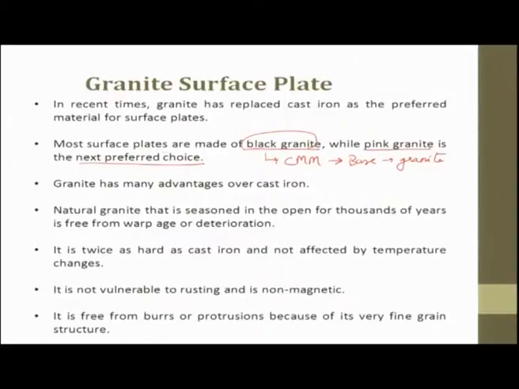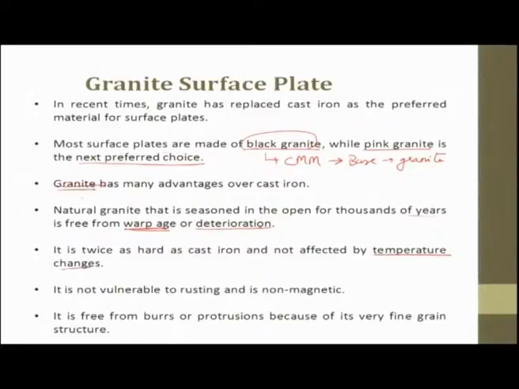Okay. Granite has many advantages over cast iron. Natural granite that is seasoned in the open for thousands of years is free from warpage or deterioration. So, this is much better, warpage is less. It is twice as hard as cast iron and not affected by temperature.